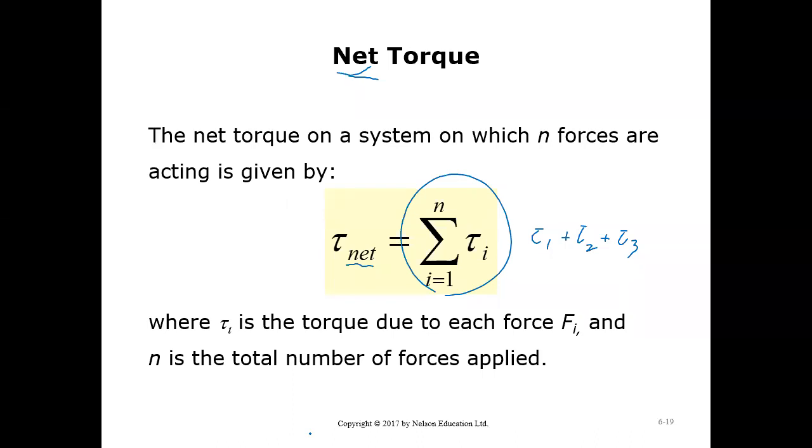So either the torque will be positive or negative. Positive is when the torque is trying to turn it counterclockwise, and when it is trying to turn it clockwise, it is negative. So when you add, sometimes the torques will cancel.